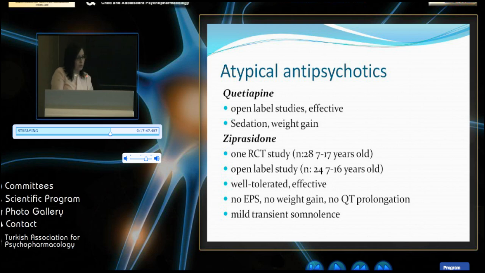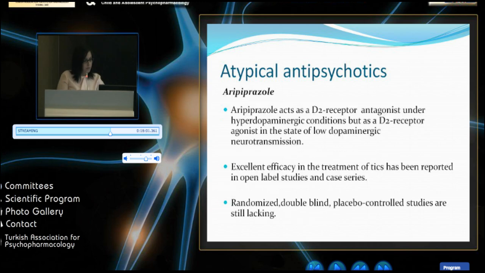About ziprasidone, there are randomized controlled studies. It is well tolerated and it is effective. And no EPS or weight gain has been observed, and there is no QT prolongation. Aripiprazole, on the other hand, as you know, acts as a D2 receptor antagonist under hyperdopaminergic conditions. It is usually seen as an antagonist, and it is seen as an agonist in the state of low dopaminergic neurotransmission.